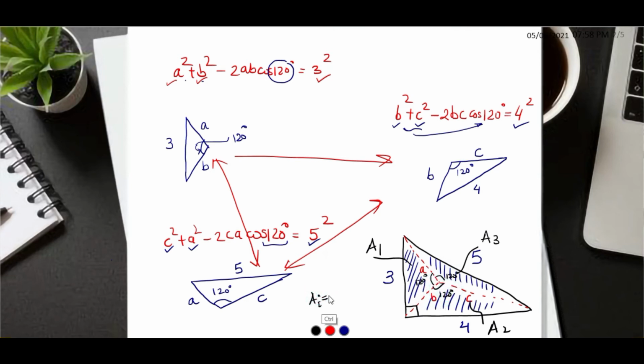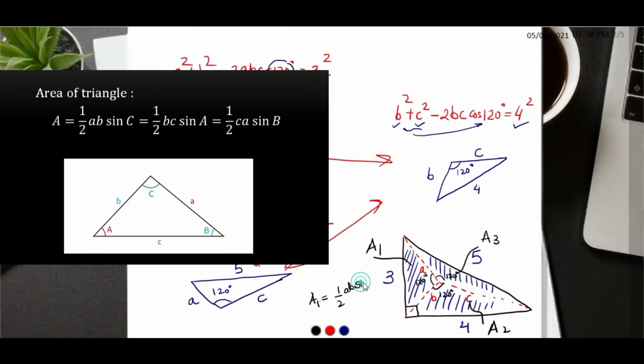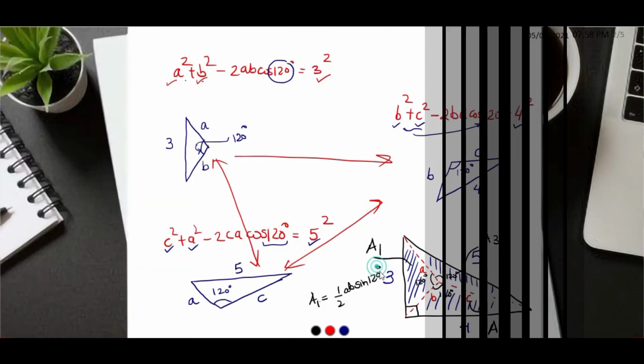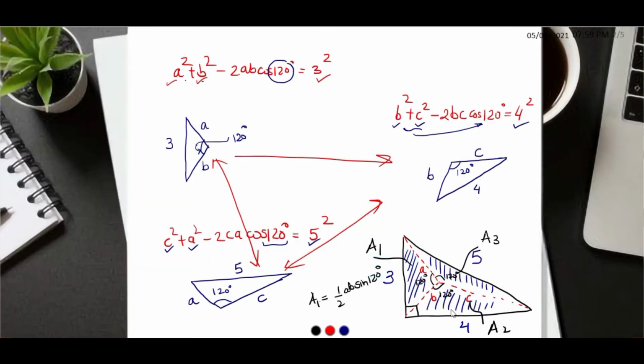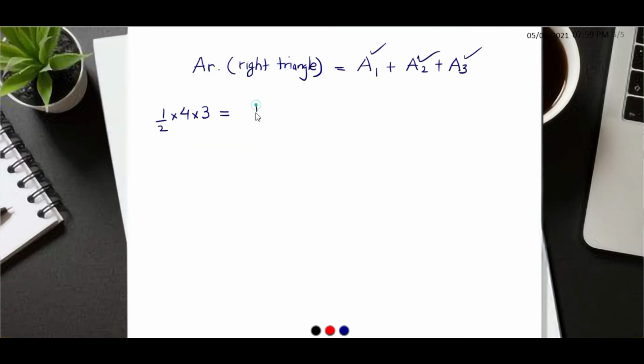Area can be written as half AB sine theta, and theta is 120 degrees here. So let us apply this formula for all these smaller triangles: half AB sine 120 degrees plus half BC sine 120 degrees plus half CA sine 120 degrees.